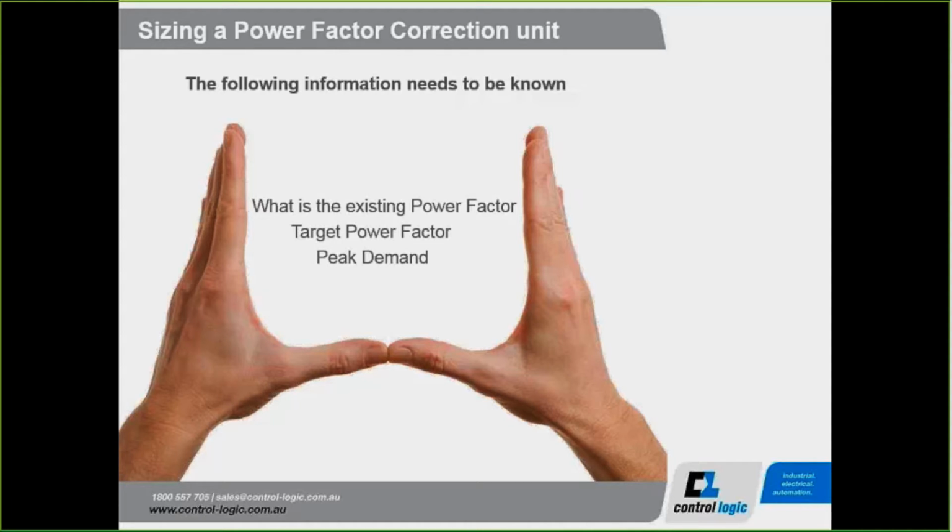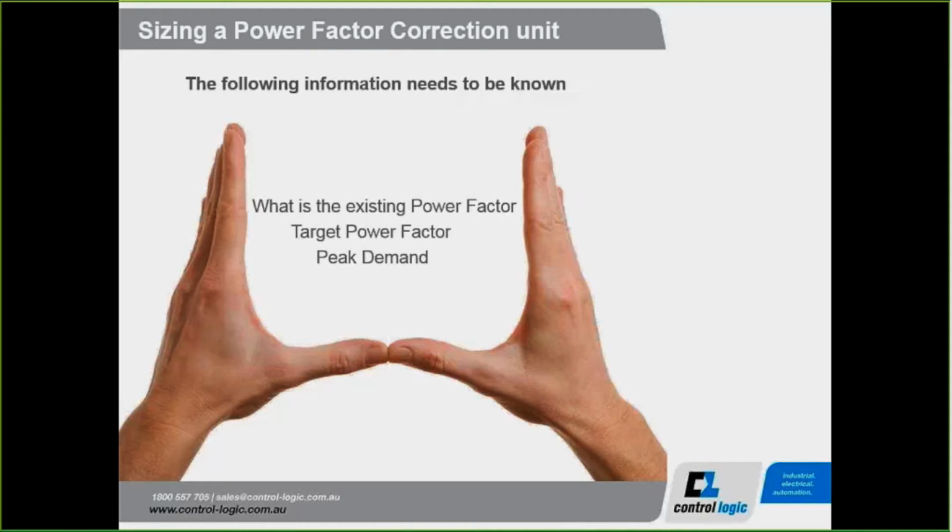Generally speaking, in terms of what is the existing power factor, quite often a lot of the electricity bills now will have power factor stated on them. However, if they don't, they do express both your peak demand in kilowatts and your peak demand in kVA. As we saw earlier, power factor is equal to kilowatts divided by kVA. Okay, so it doesn't state your power factor on your electricity bill, but it does state those two variables.